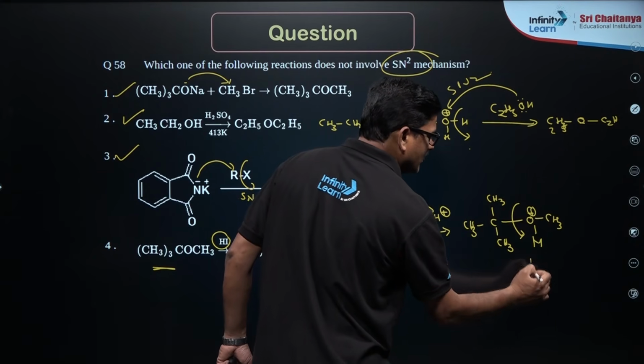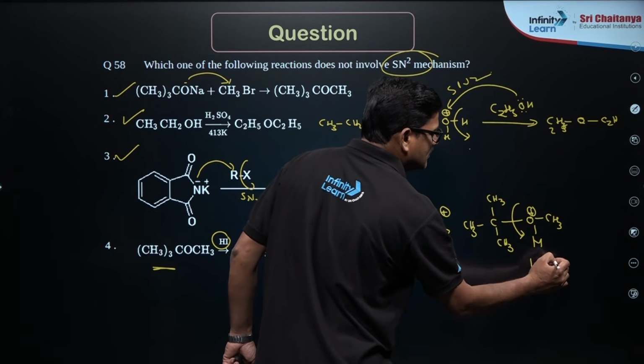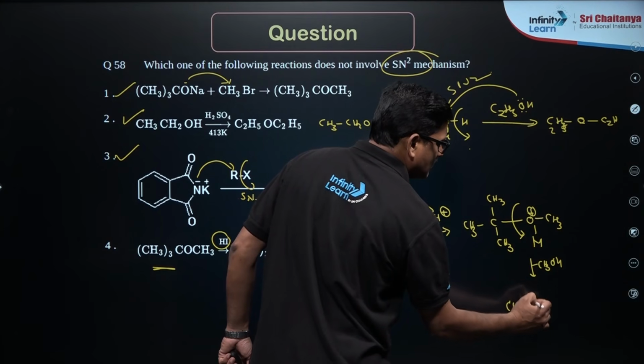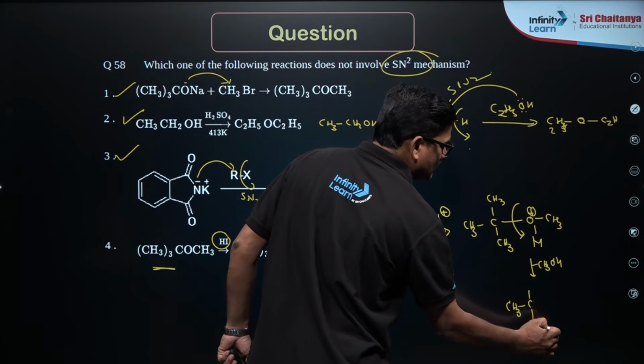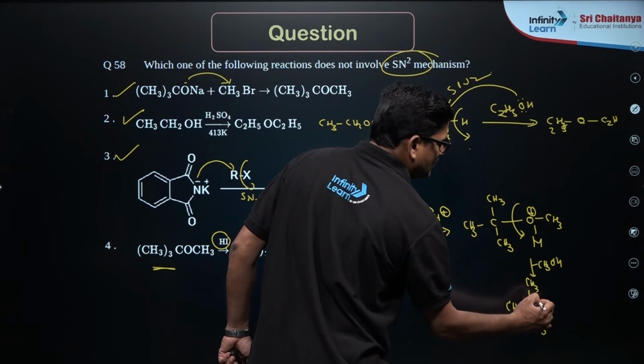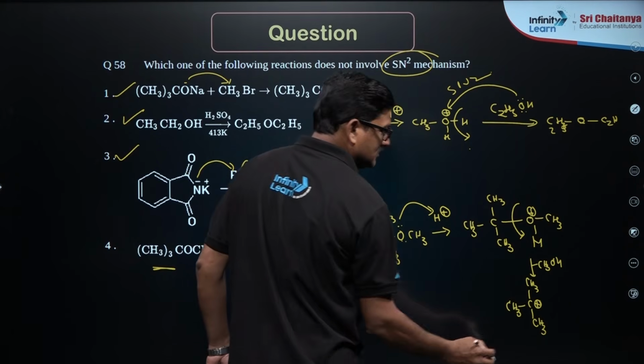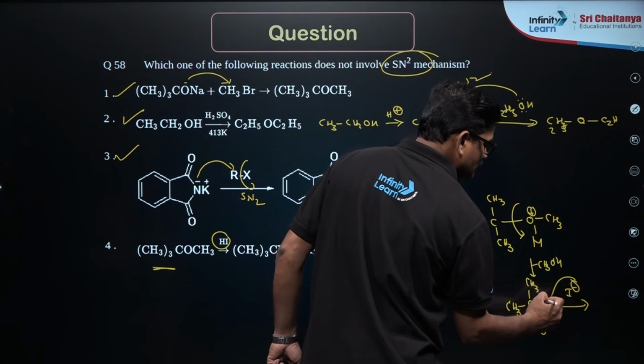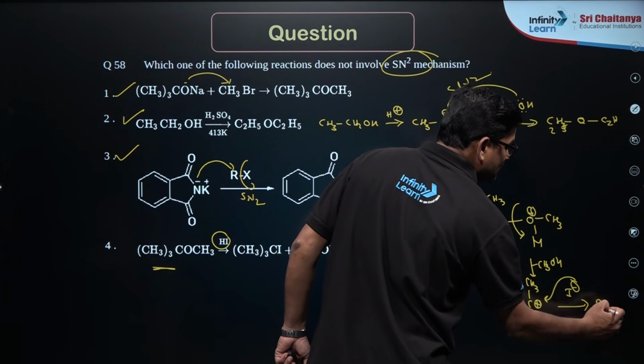When CH3OH is lost, you are going to get CH3, CH3 and CH3, a positive charge will be formed.